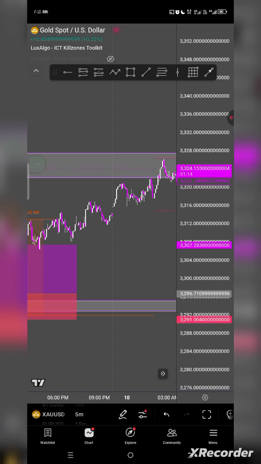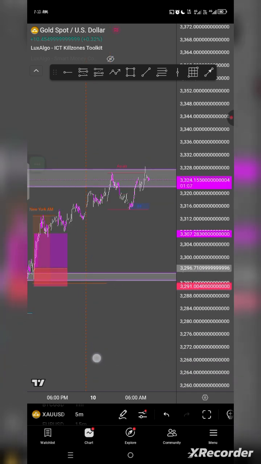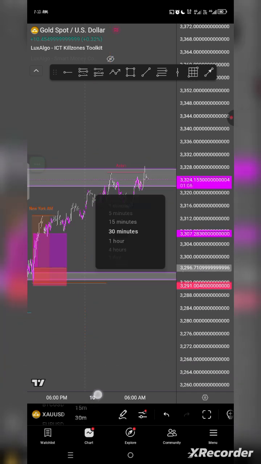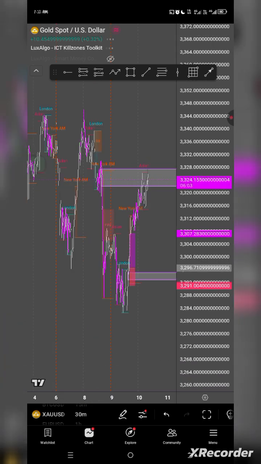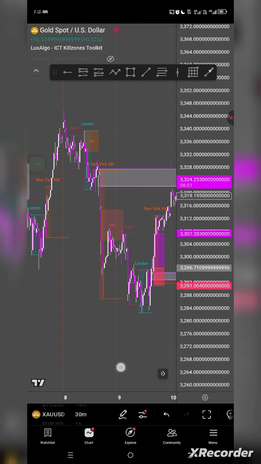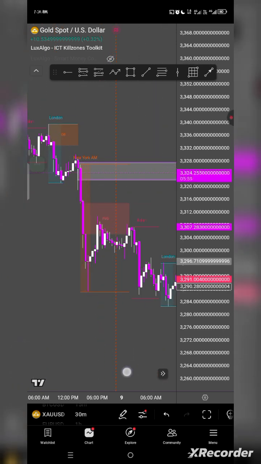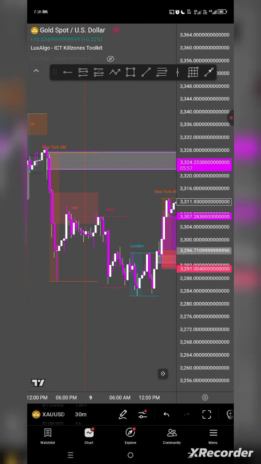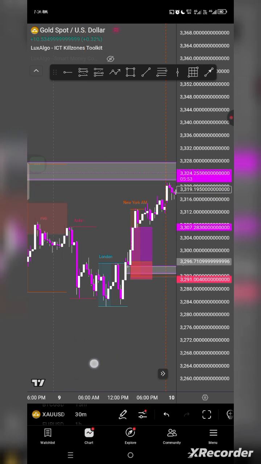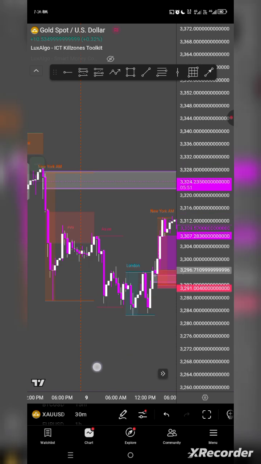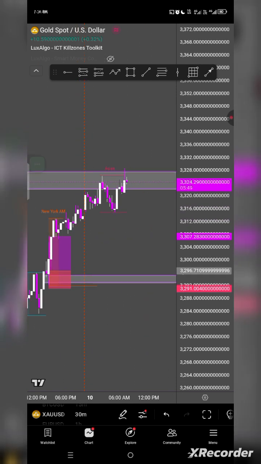So for XAUSD, we are currently sitting in what looks like a supply zone. I think this is one of the supply zones I marked out. Yes, this is the supply zone. Let me go to the 30-minute time frame now. Maybe I should take this trade.